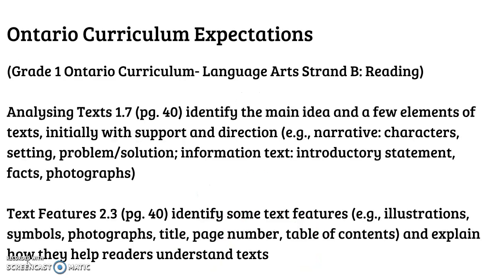This lesson meets the Grade 1 Ontario Curriculum, Language Arts, Strand B. First, analyzing text. Identify the main idea and a few elements of text, initially with support and direction. Example: narrative, characters, setting, problem, solution; information text, introductory statement, facts, photographs.